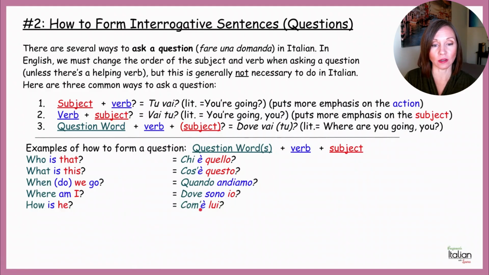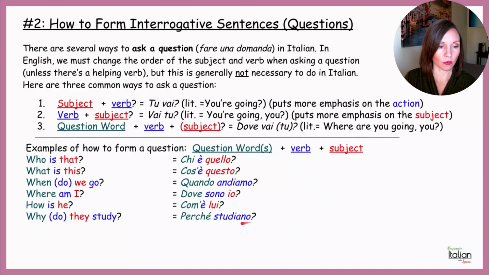Okay, we just use a little apostrophe here. And why do they study? Why do they study? Okay, perché studiano? Perché studiano? Okay, so again, we have these little helping verbs in English, but it's not necessary in this case in Italian.